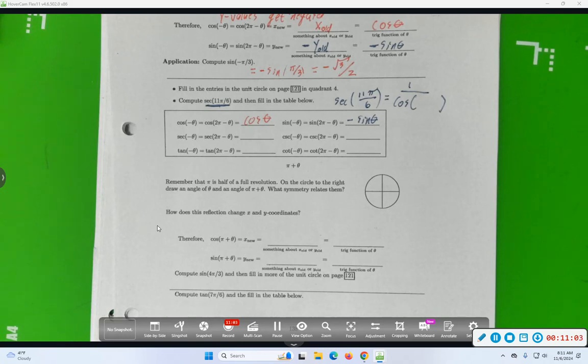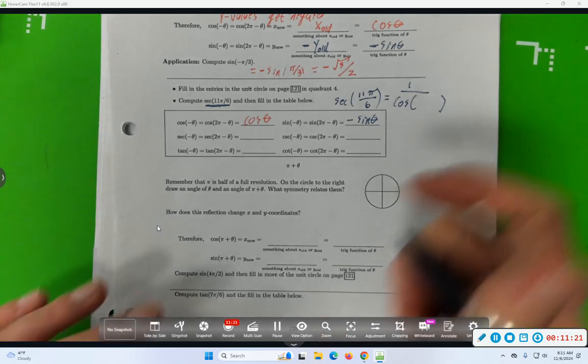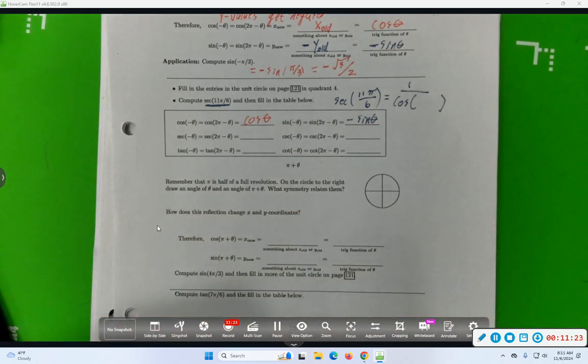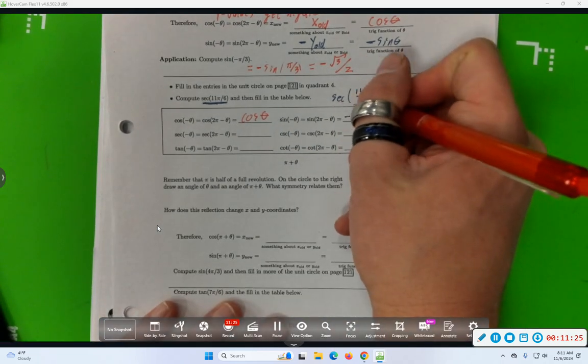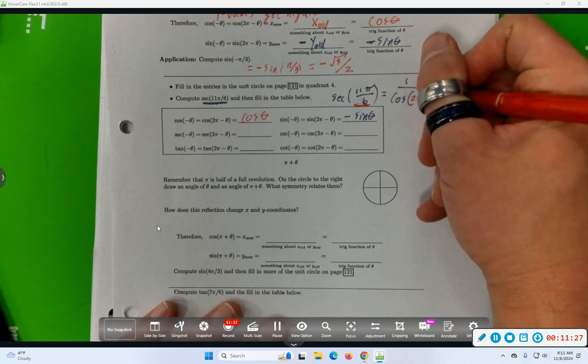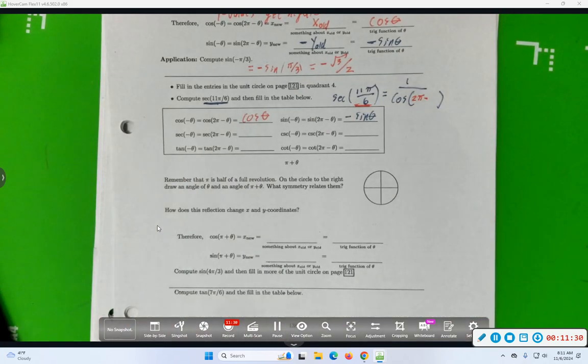But using the sorts of operations that we just discussed, is it related to an angle in the unit circle? Yeah, so 11 pi over 6 is almost all the way around the circle, right? 12 pi over 6 would be 2 pi. So I think I can write this angle as 2 pi minus a little bit.